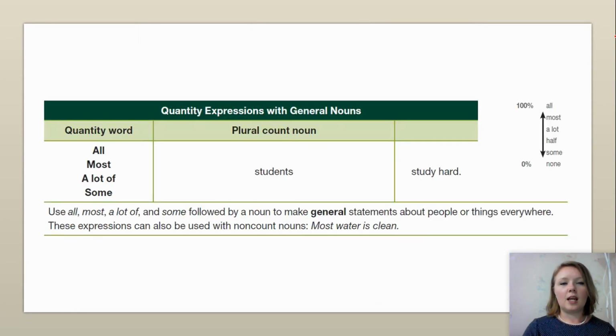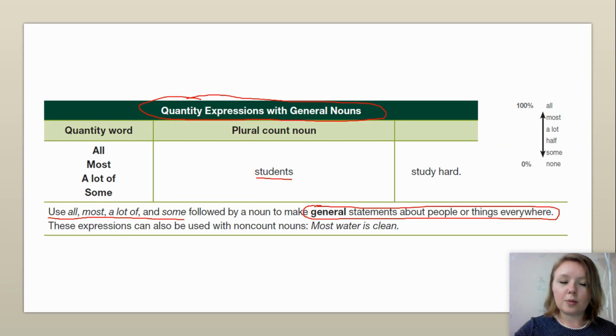All right. So now that we have looked at how to use quantity expressions with specific nouns, let's look at quantity expressions with general nouns. So we can use all, most, a lot of, and some, followed by a noun, to make general statements about people or things everywhere. So specific examples were things like none of the students like sloppy joes. I'm talking about specifically those students.